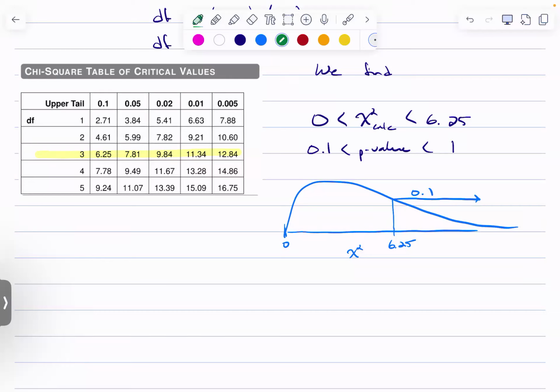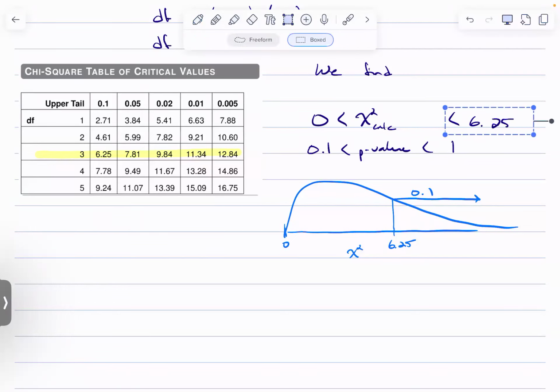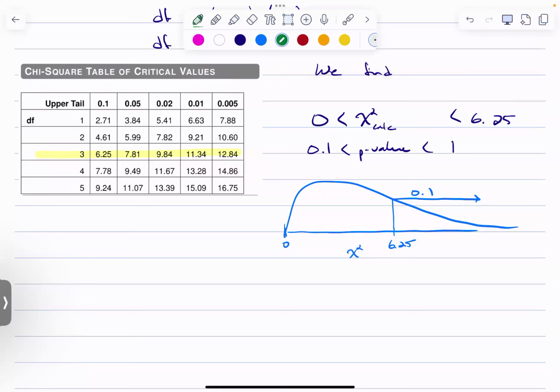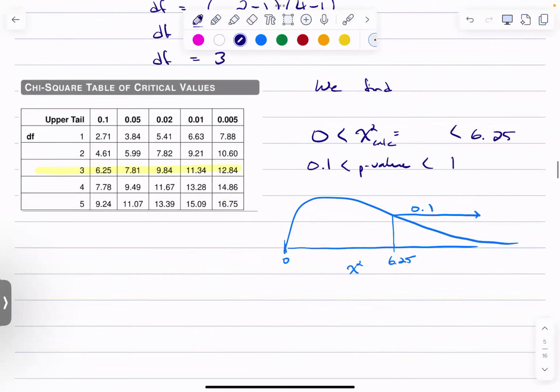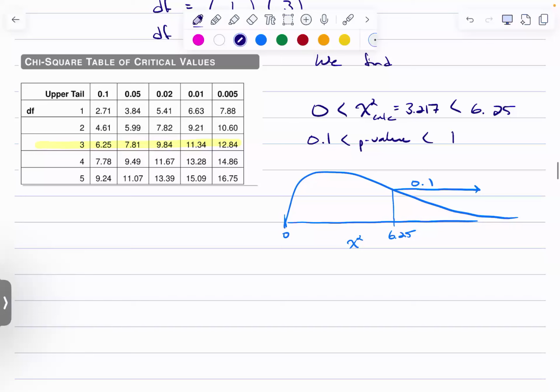Now we found our chi-squared calculated, and maybe I'll say what it is so I can refer to it: 3.217. On this number line it would be somewhere here.